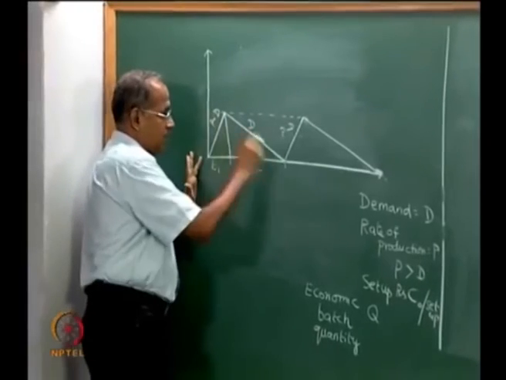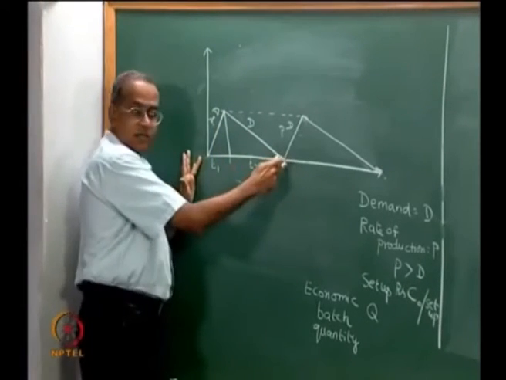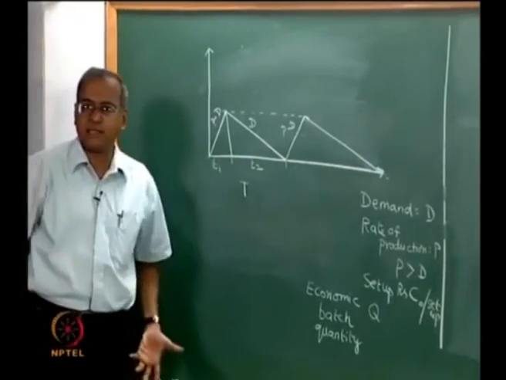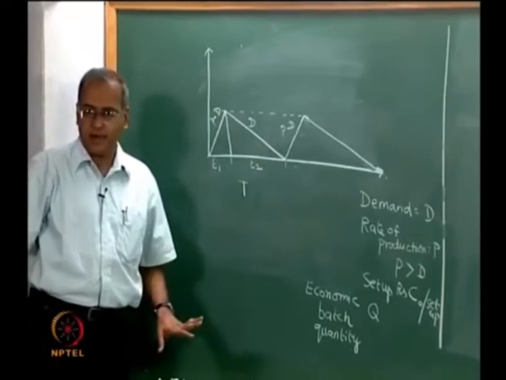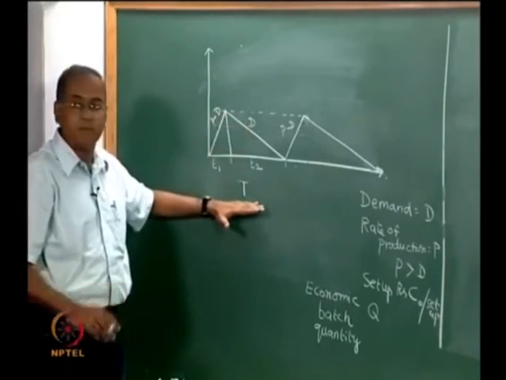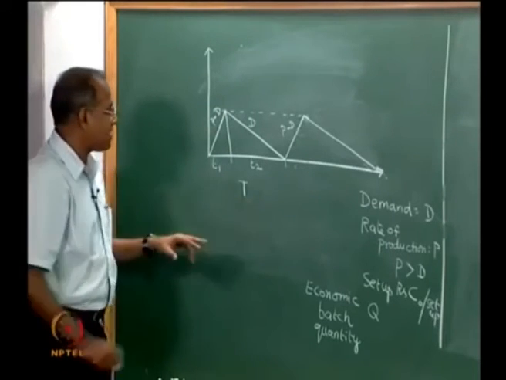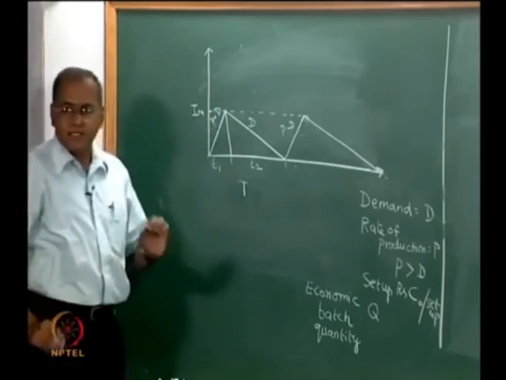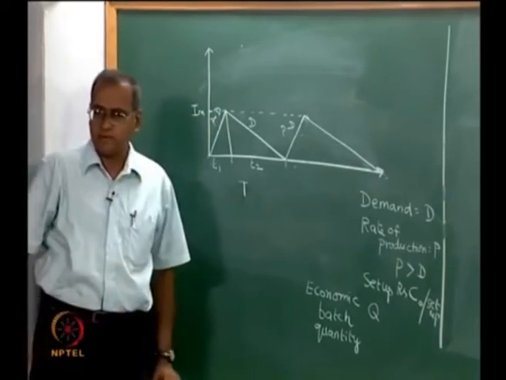Now, this is the cycle starting from 0 to a cycle T, which is T1 plus T2, another cycle. So, total inventory in the cycle is the area under the triangle, and average inventory will be the area under the triangle divided by the base. Let us call this quantity IM, which is the maximum inventory that we have built.